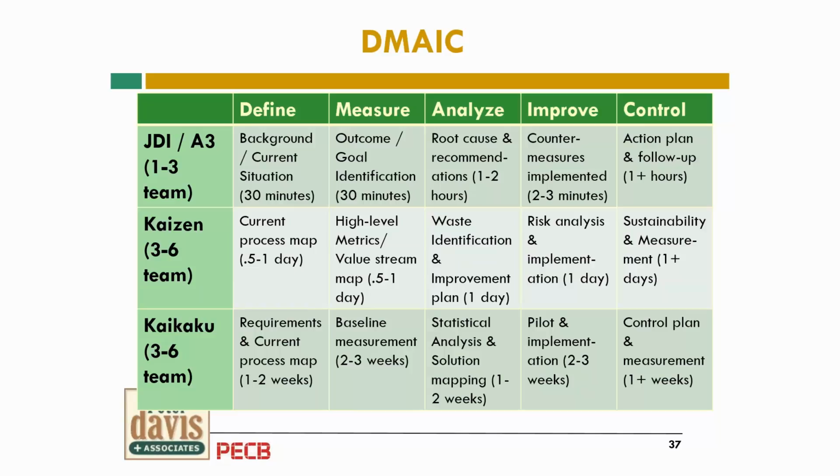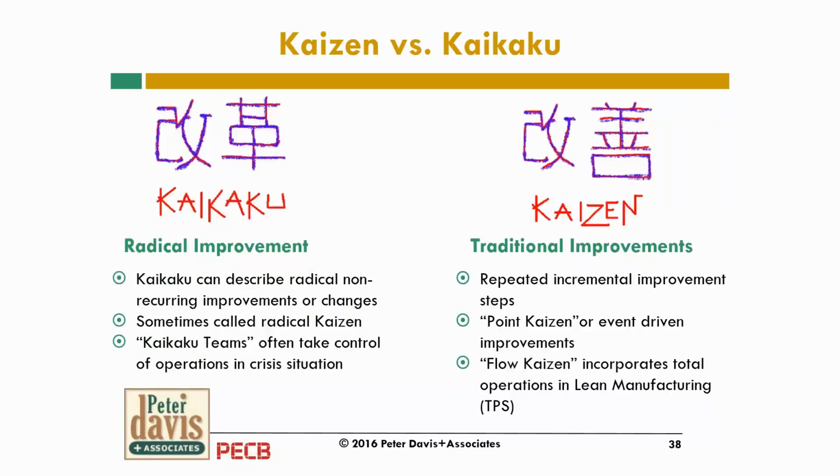Each one of the cells is pretty self-explanatory, but we're going to talk about Kaizen in a little more detail. Kaizen tends to be a traditional improvement, where we're working on repeated incremental improvements, whereas Kaikaku is radical. We decide to blow up our processes and redesign them, and for that we use something like DFSS, which is design for Six Sigma.